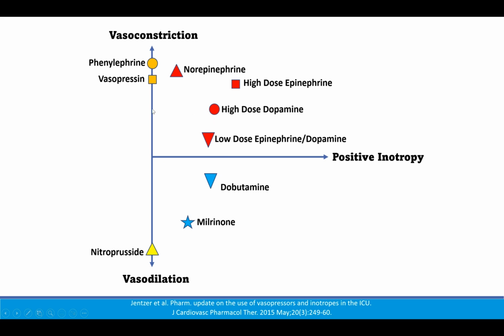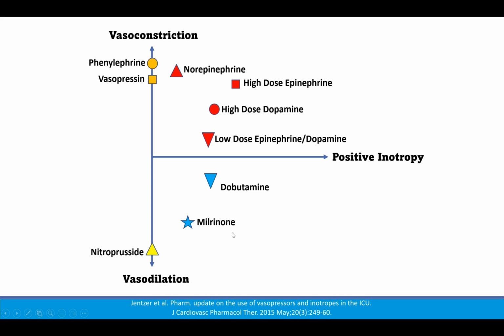Dopamine is an agent that has both vasoconstriction and inotropic effect, and high-dose epinephrine has the highest inotropic effect with vasoconstriction at the same time, but it is lower than norepinephrine in terms of vasoconstriction.